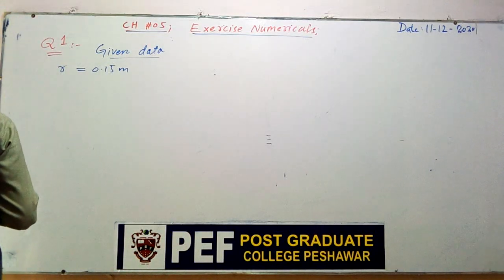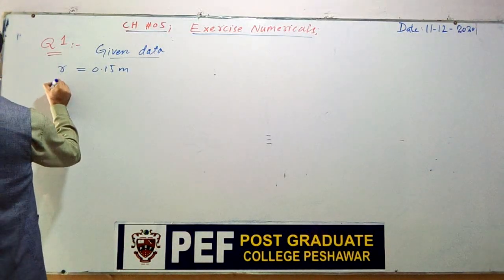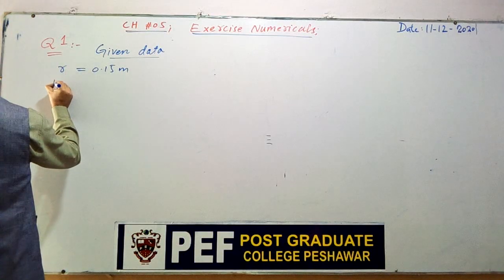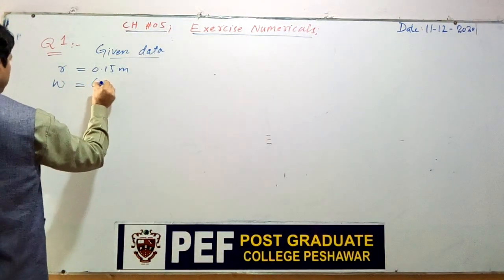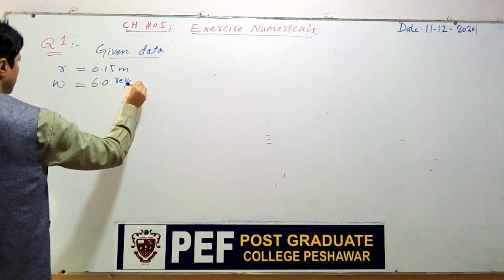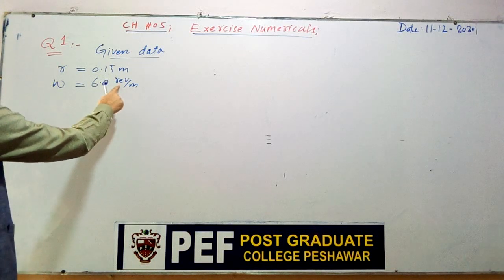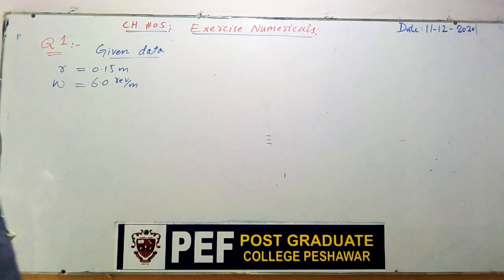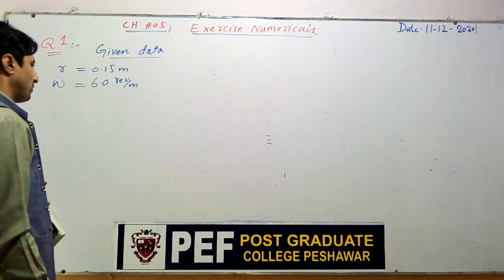So revolution per minute is the unit for angular velocity. So we can write omega, angular velocity, is 6.0 revolution per minute. Dear student, here we have to convert this revolution per minute into radian per second, because radian per second is the unit for omega.